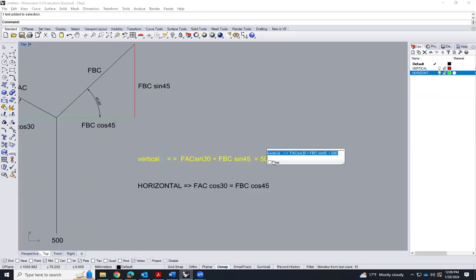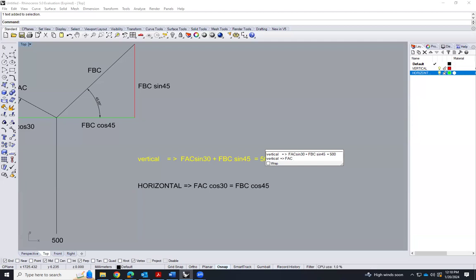Okay. So if I continue this equation, I can say that vertical, to type the same thing, is FAC. What is sine 30?